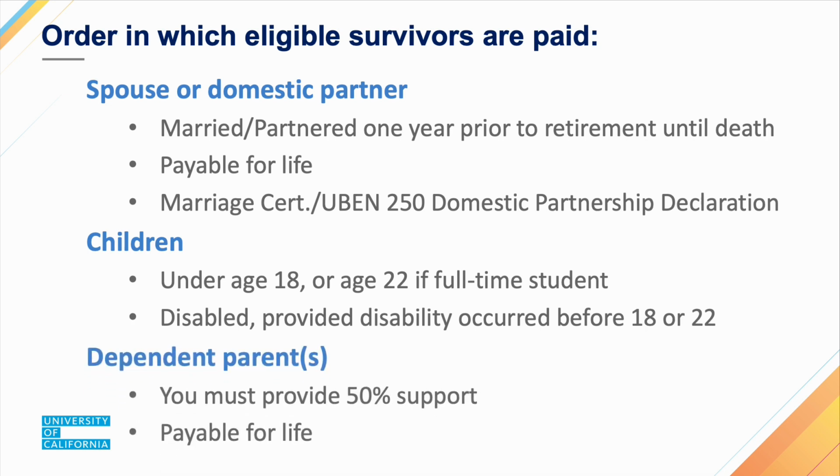If there are no eligible children, then the next individual that the university would pay the survivor continuance benefit to would be eligible dependent parents. Now, if the person receiving this benefit dies, or if a child receiving the benefit reaches that age maximum and becomes ineligible, the benefit will continue to the next survivor. And that would continue as long as there is someone eligible to collect the benefit.